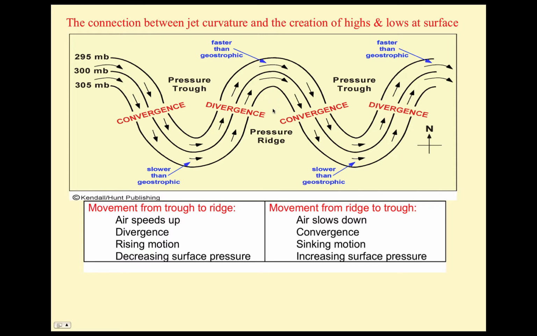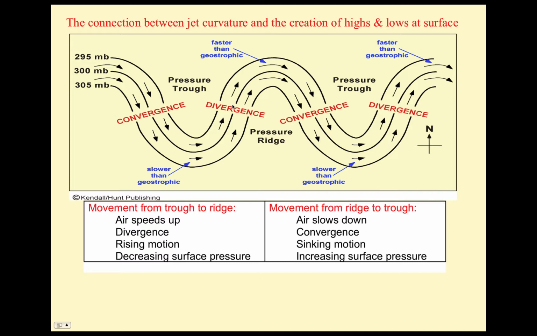So therefore, this is drawn as a higher pressure ridge. And winds are forced to go anticyclonic, or clockwise in the northern hemisphere, around that high pressure ridge. As a result, they go faster than geostrophic values. So add these up: anytime it turns clockwise, it goes faster than geostrophic. Anytime it turns counterclockwise in the northern hemisphere, slower than geostrophic.